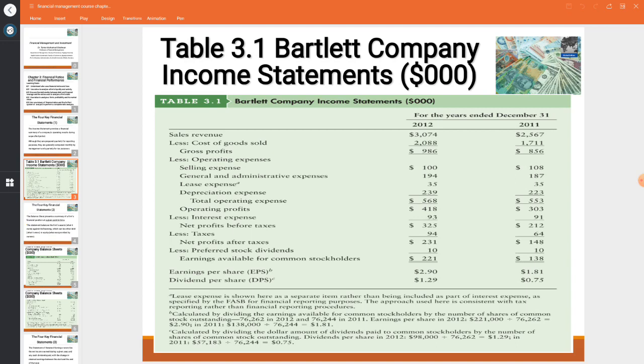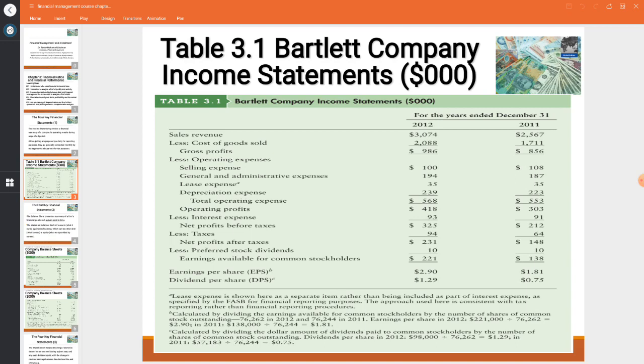Also, earnings available for common stockholders can be used for determining dividend per share. Dividend per share is equal to dividends available for those stockholders divided by the number of shares outstanding. But again, you must be aware of the basic difference between EPS and DPS.